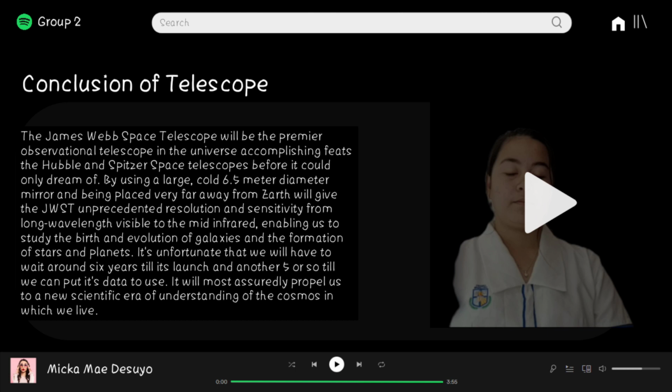Conclusion of the telescope. The James Webb Space Telescope will be the premier observational telescope in the universe. It will accomplish what the Hubble and Spitzer Space Telescopes before it could only dream of.